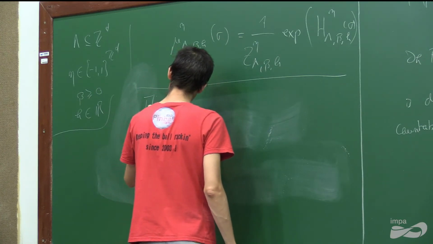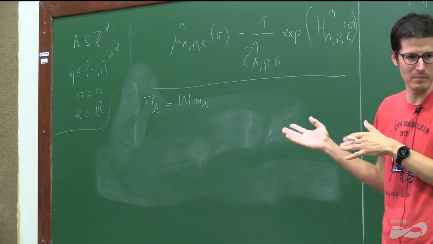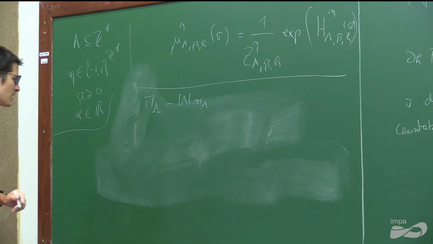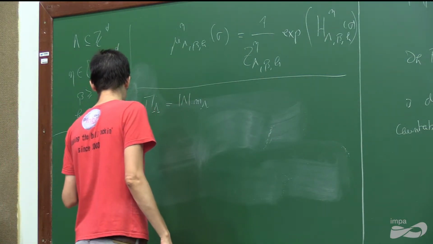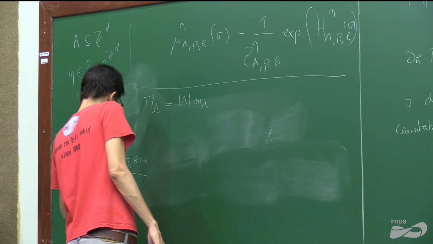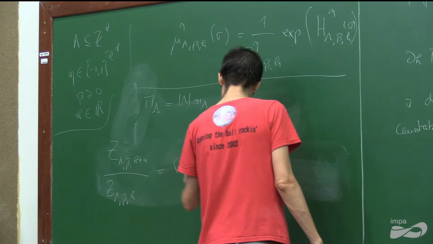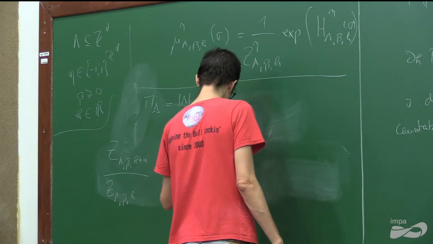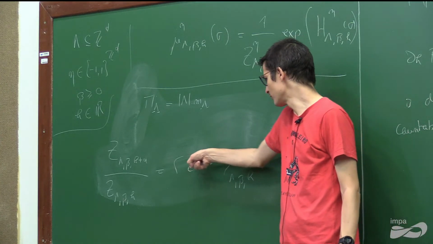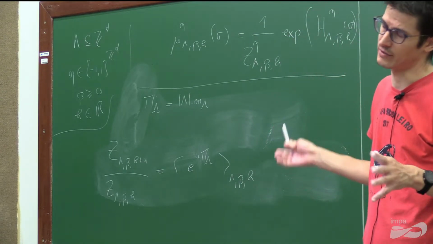If m lambda is the total magnetization in the box, the same thing as a small m but without taking the average, without the normalization, then Z lambda beta, h plus u over Z lambda beta, h is equal to the average of exponential u m lambda over the measure corresponding to external magnetic field h.